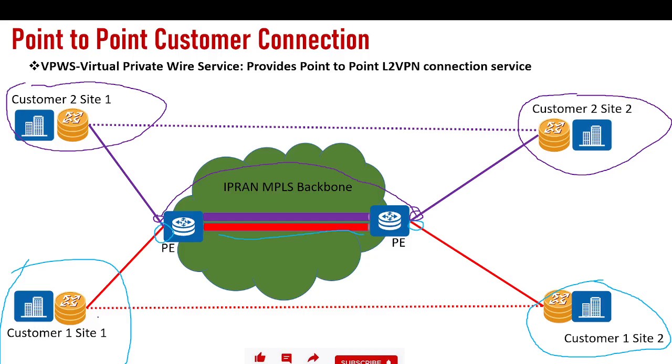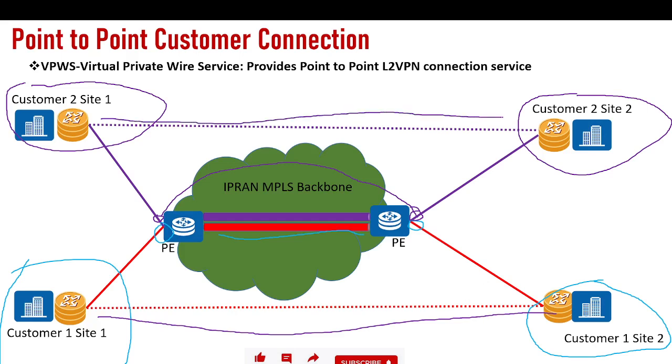So it's still like a leased connection all the way from customer 1 site 1 to customer 1 site 2. Similarly, customer 2 also sees it as a leased connection, as a direct connection from site 1 to site 2. But we have provided a layer 2 VPN connecting the two customers in different locations.